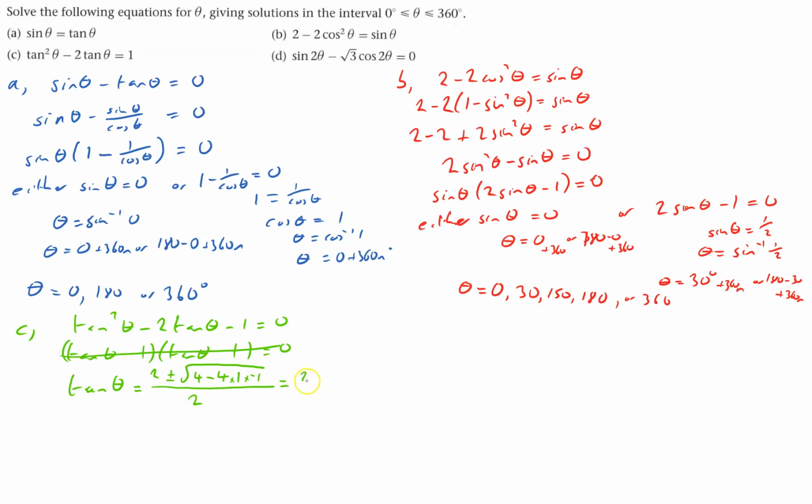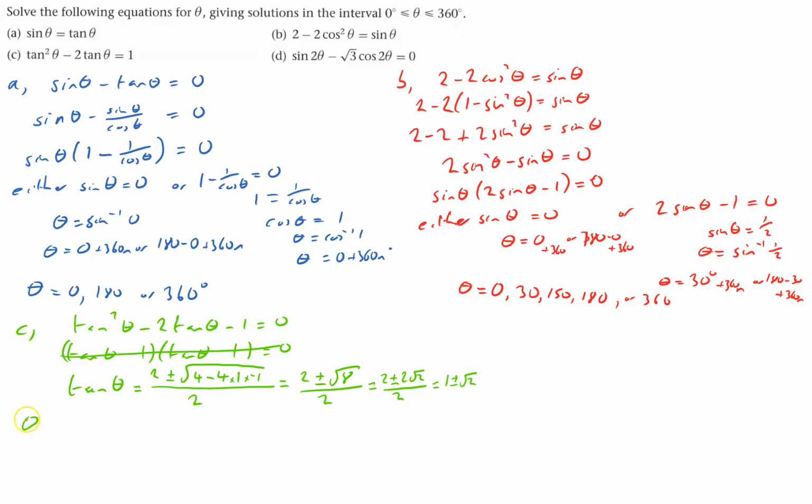That equals 2 plus or minus root 8 over 2, which equals 2 plus or minus 2 root 2 over 2, and so that equals 1 plus or minus root 2.